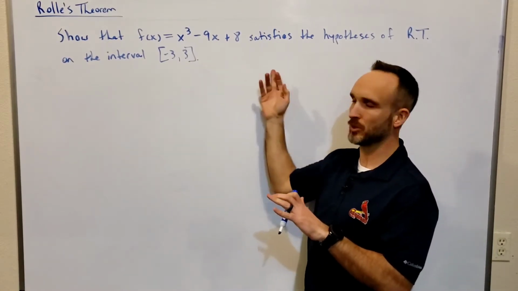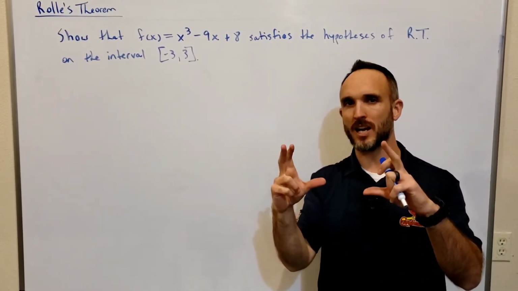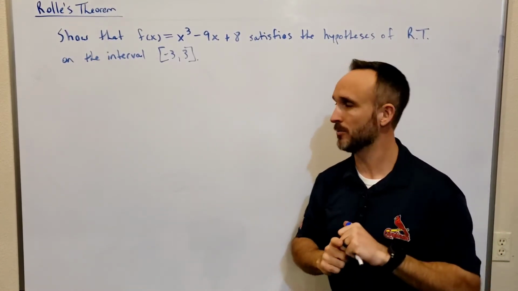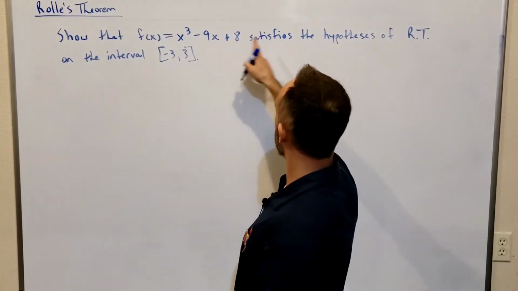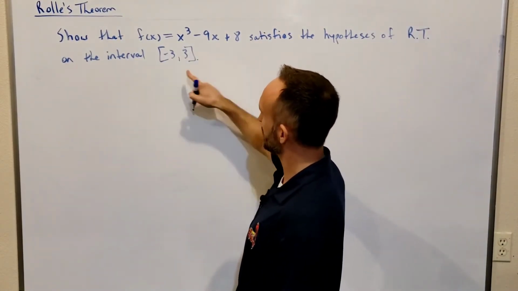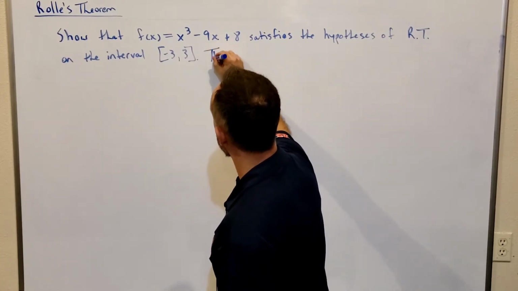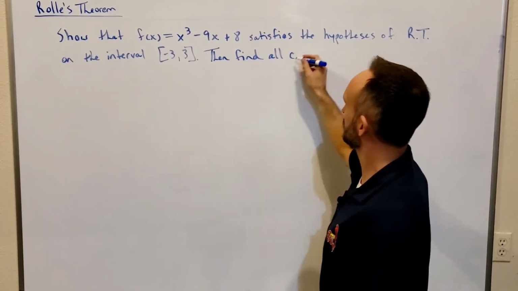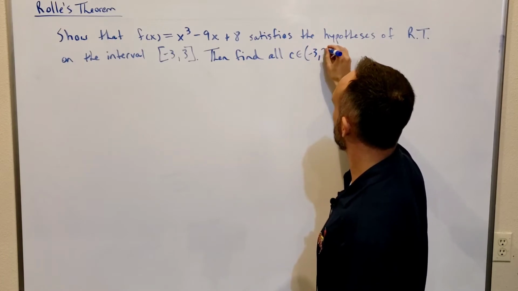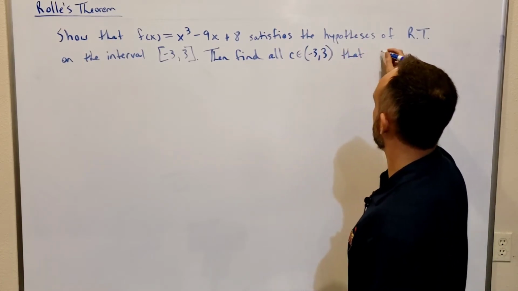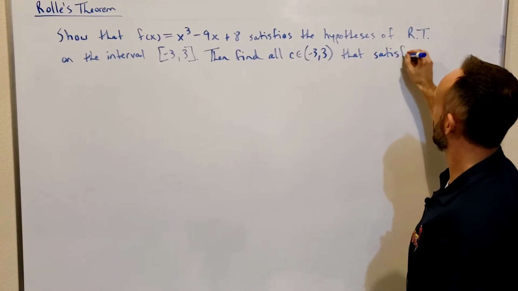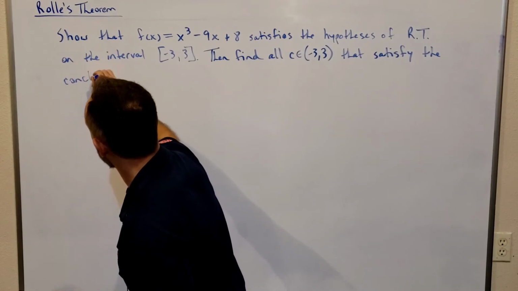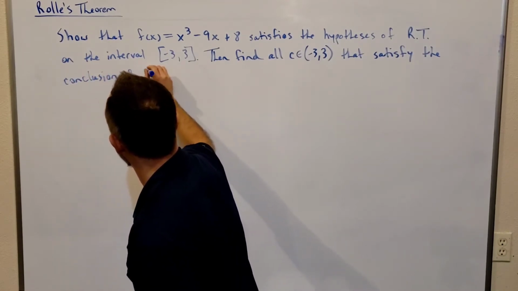Then, to finish the question, any function that satisfies those three hypotheses will allow us to employ Rolle's theorem and make the conclusion of the theorem. So once we know that this satisfies the hypotheses of Rolle's theorem, the next thing we want to do is find all c values in the open interval that satisfy the conclusion of Rolle's theorem.